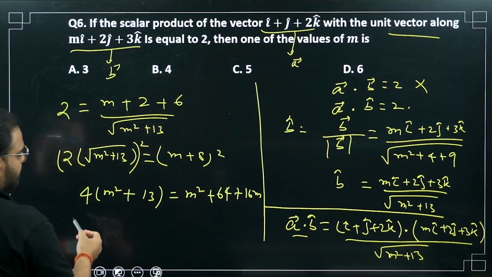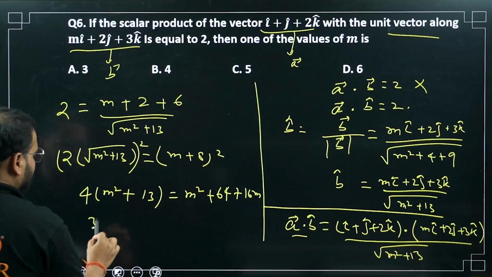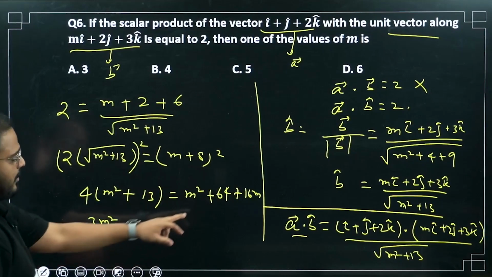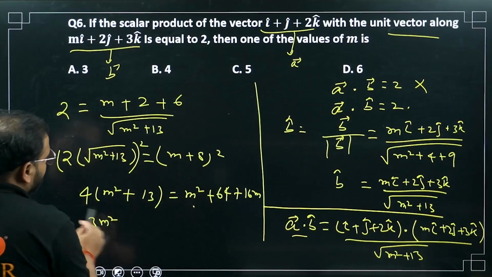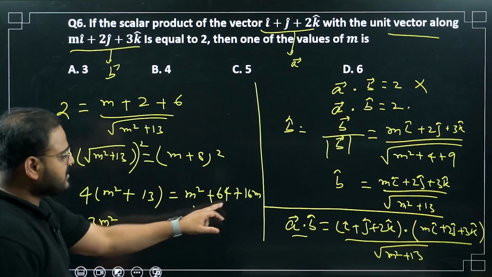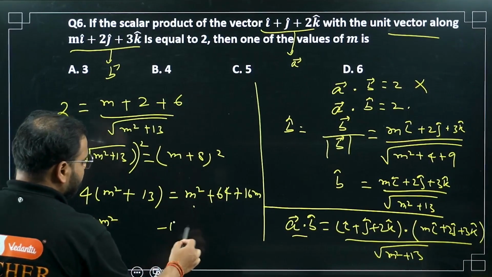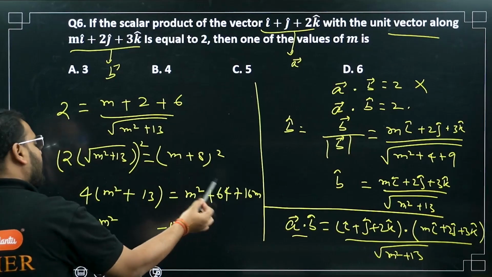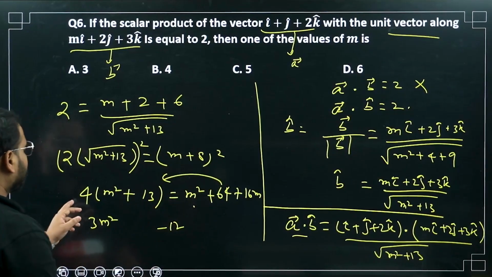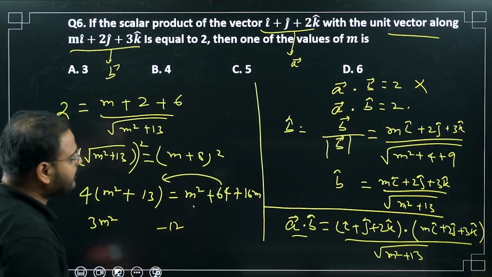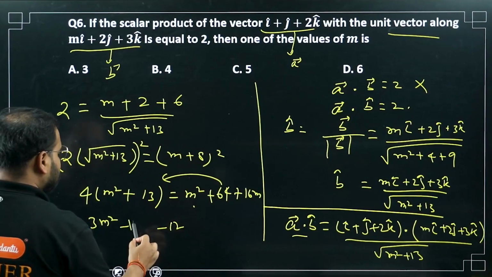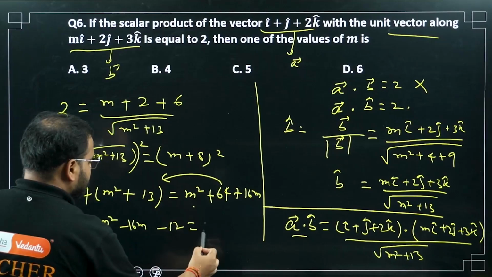Bring everything on this side. What I get? 4m square minus m square, so 3m square. 4 into 13 is 52, minus 64 gives minus 12, and minus 16m equals 0.